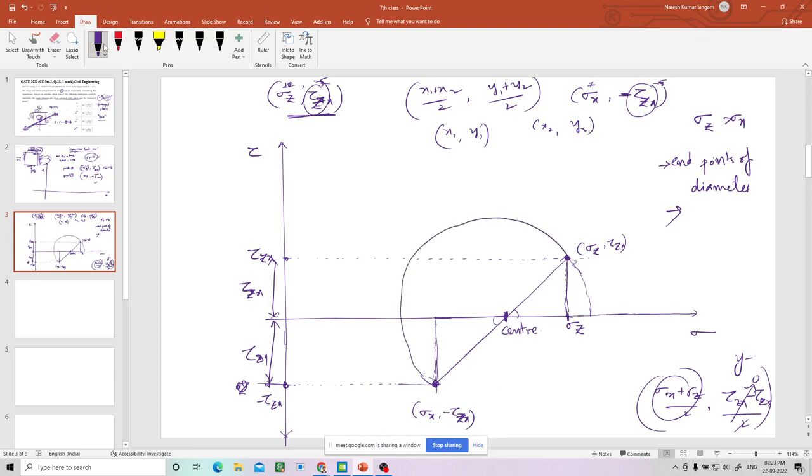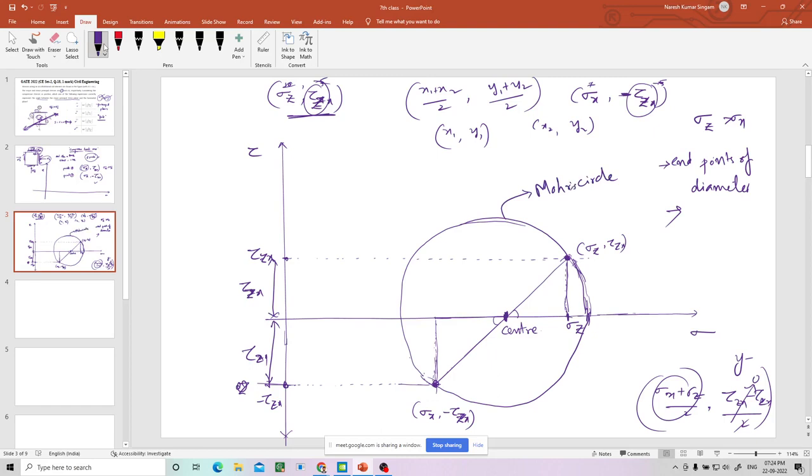It may be a bad circle. Okay, now this is the circle, the Mohr circle. I have drawn the Mohr circle.